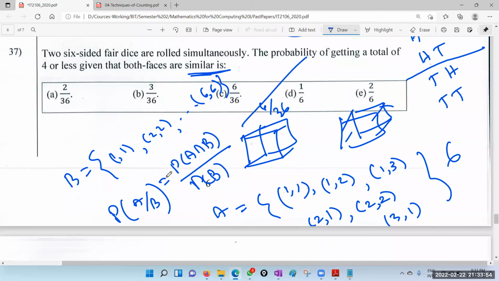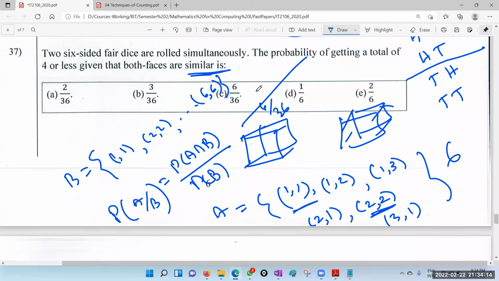And what is the probability of A and B happening? Out of these, there's one possibility here, and there's another one. So the probability of A and B happening is 2 out of 36.